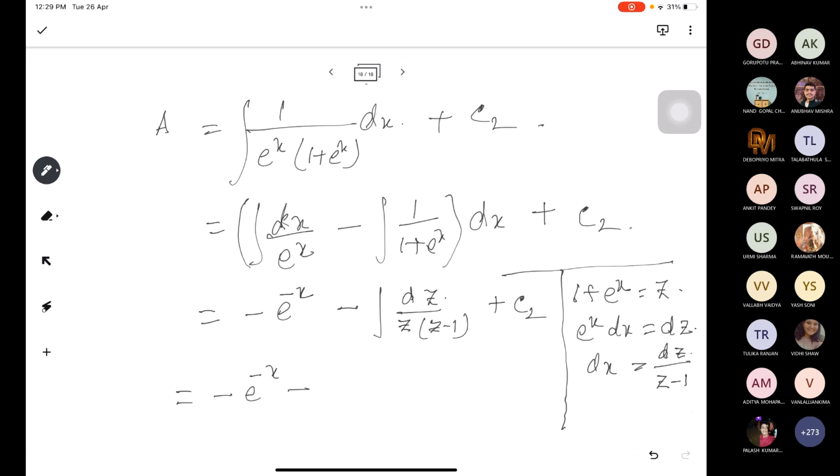So that is, this is equal to minus, z minus 1 minus z. So this sign will be plus.